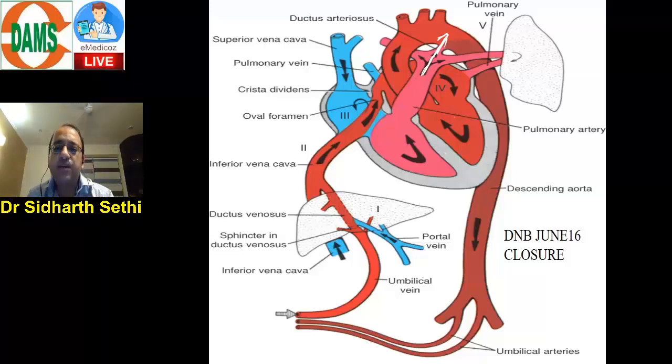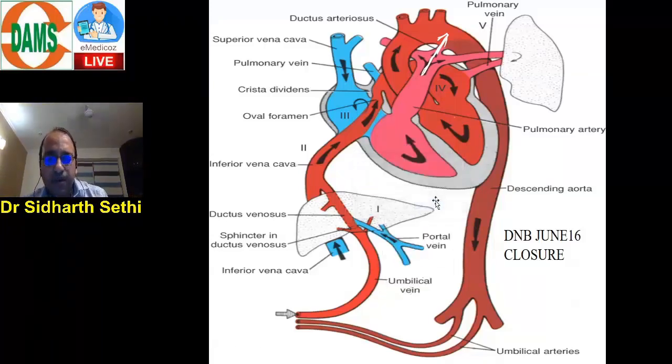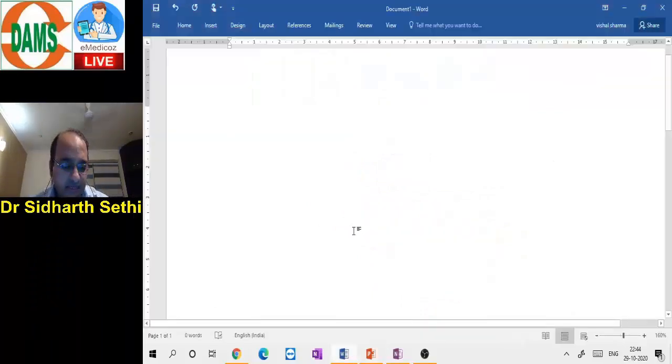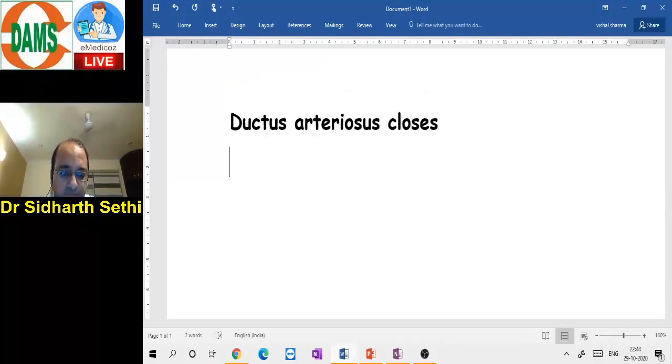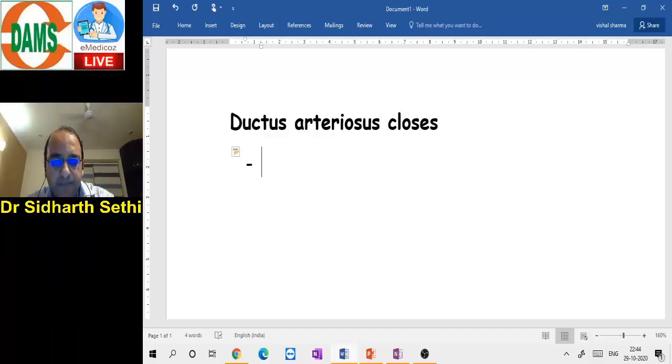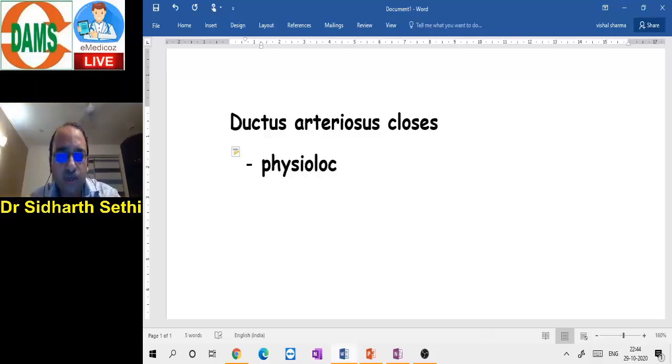Let's talk about when the ductus arteriosus closes. So all of you, please remember that the ductus arteriosus closes physiologically and anatomically. So there are two closures, the physiological closure, and the anatomical closure.